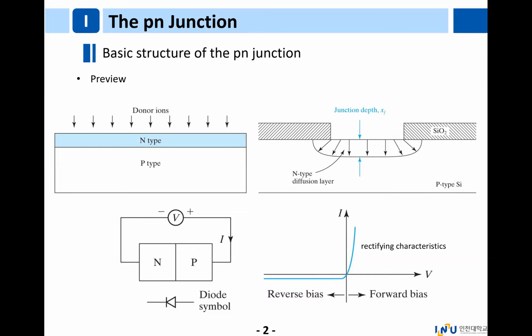Here, one additional assumption needs to be made. When creating a p-n junction, we injected donor ions into a p-type wafer doped with the concentration of NA to convert it into an n-type, right?